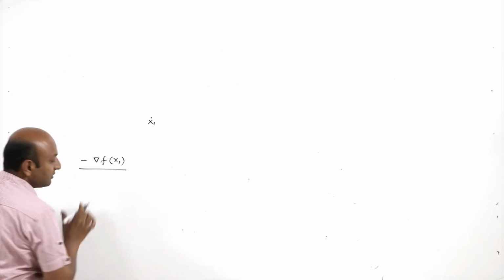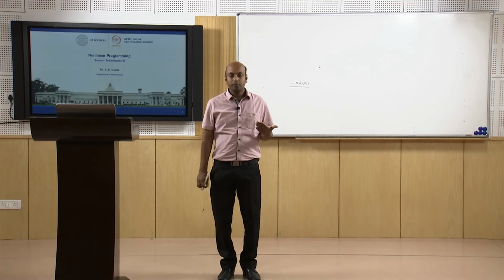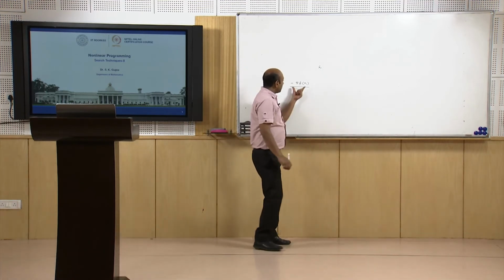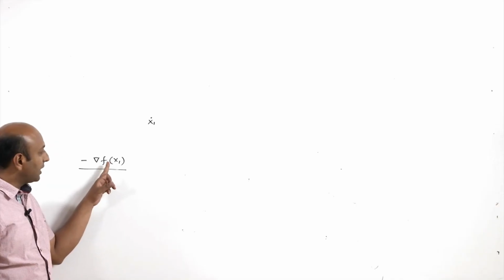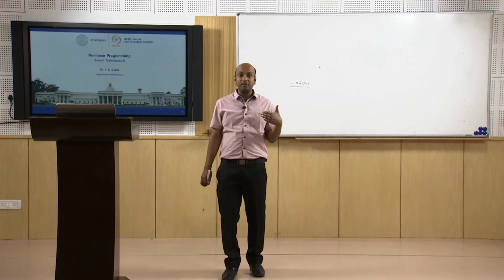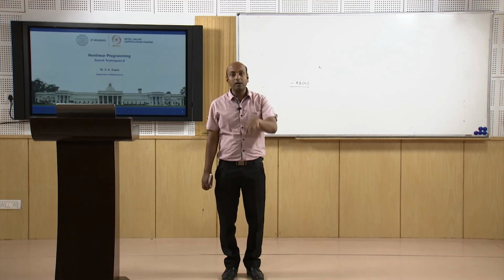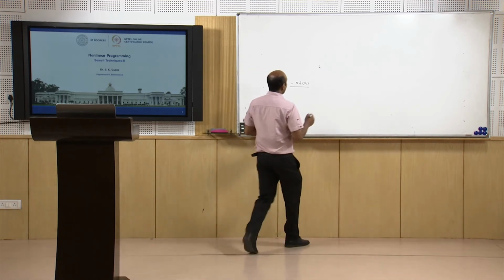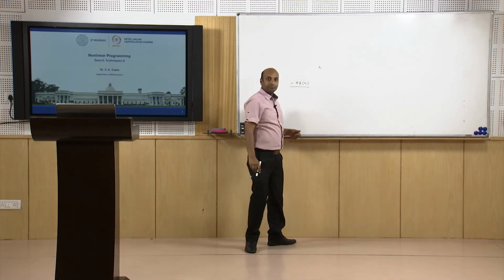As we already know from calculus, if we move along this direction, which is the negative of the gradient of f at x1, then the value of f decreases most rapidly. So, out of the infinite directions from x1 we will move along this direction.